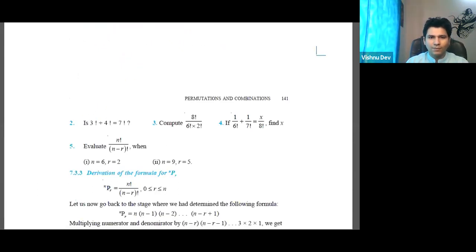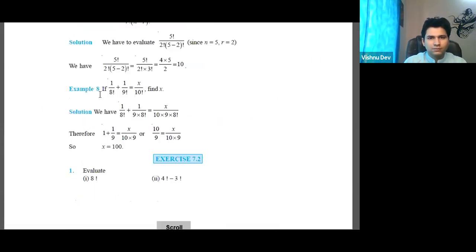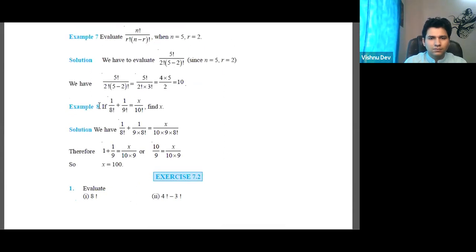Excuse me, sir. In the last question, how did we write 1 by 9 factorial as 1 plus 1 by 9? Arey, I didn't write 1 by 9 factorial. I wrote 1 by 8 factorial x plus 3x squared. Sorry, x plus 3x squared. If you consider x common, what will be left here? 1 will be left, plus 3x.